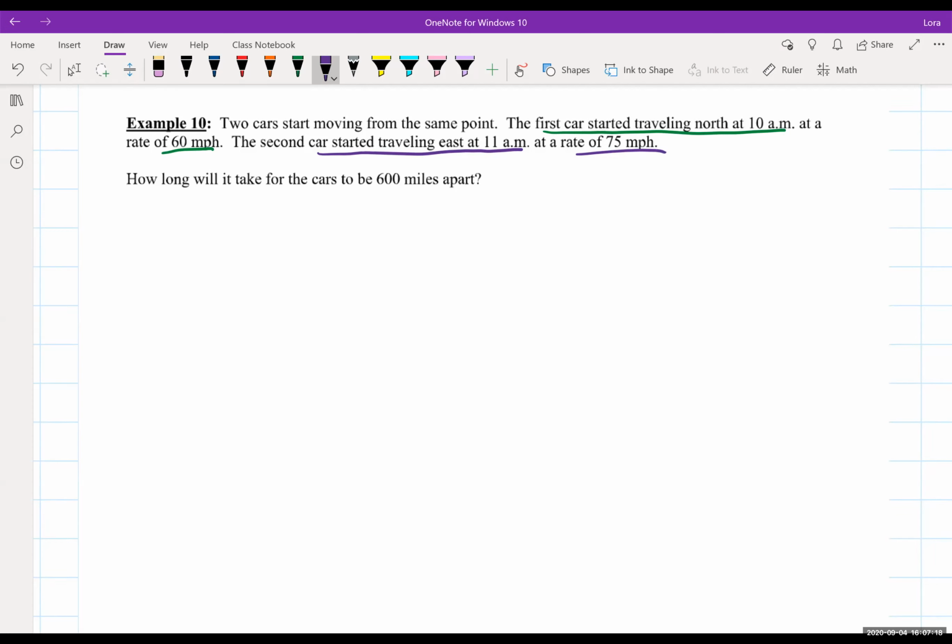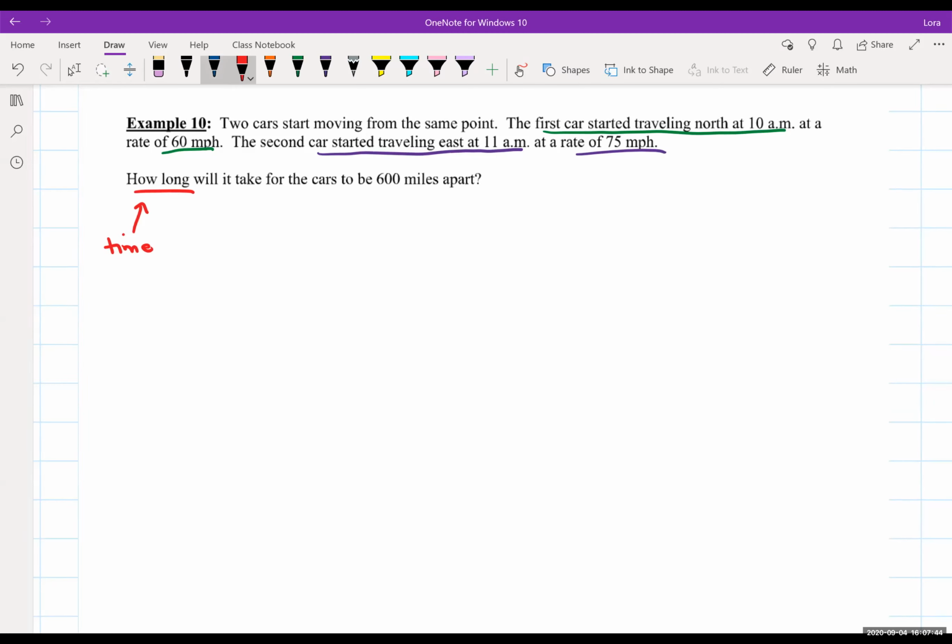So this one's slightly different than one of our previous examples. What we're trying to understand is we actually are looking for time when they say how long it will take for the cars to be 600 miles apart. So again, I'll go with a diagram to get the gears in my brain moving.